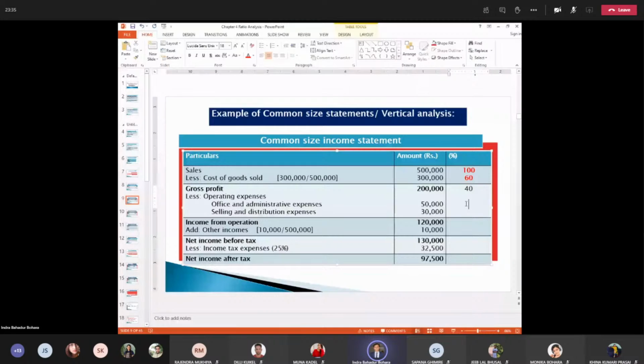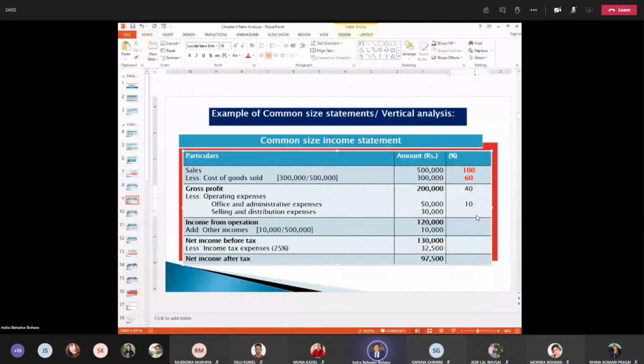It is 10%. 50,000 divided by 5 lakh. And similarly, what percentage is the selling and distribution expense when it is 30,000 and sales amount is 5 lakh? 30,000 divided by 5 lakh, it is 6%.